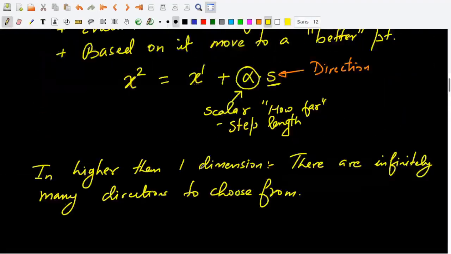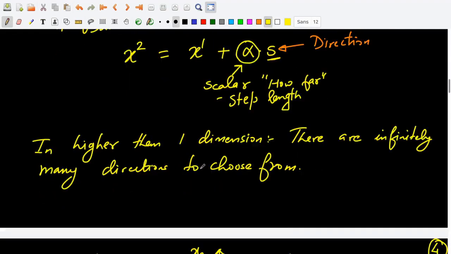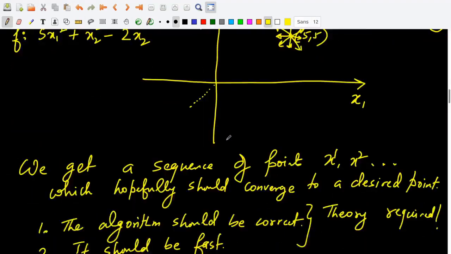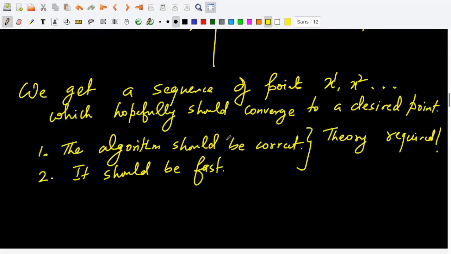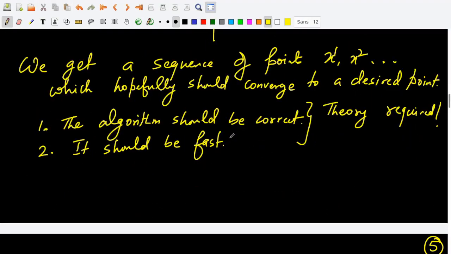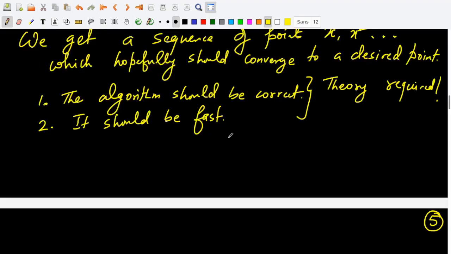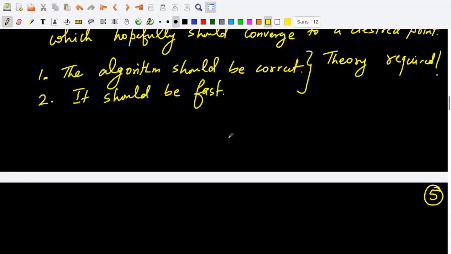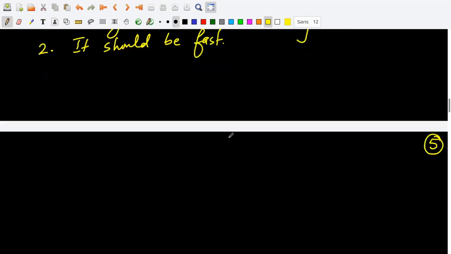Okay, so coming back to derivatives. Recall that we have said that a derivative gives us information about how fast a function changes around the given point.